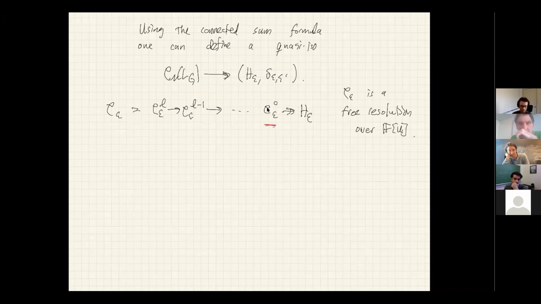And so maybe the easiest thing one could do is define a chain map from the link surgery formula to the Hopf link complex. What you want to do using the connected sum formula is something very concrete for the Hopf link. So what one needs to do is construct a model for the Hopf link.